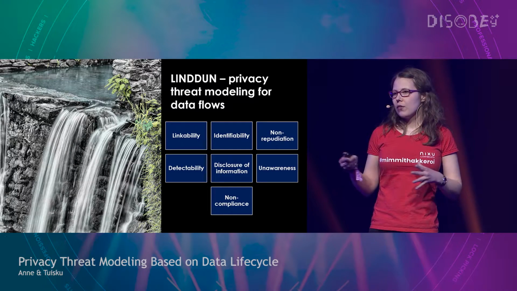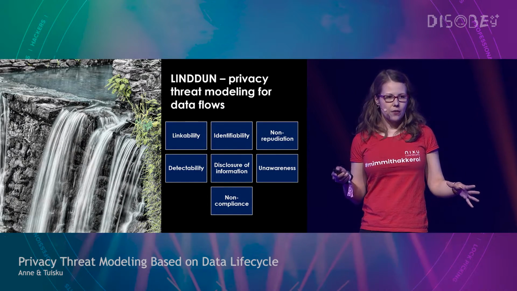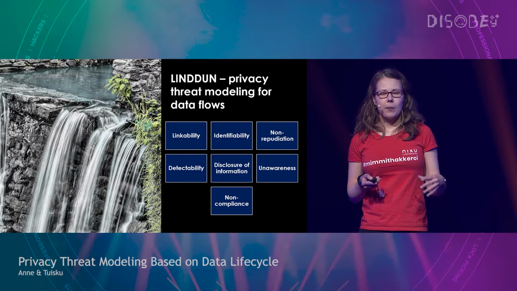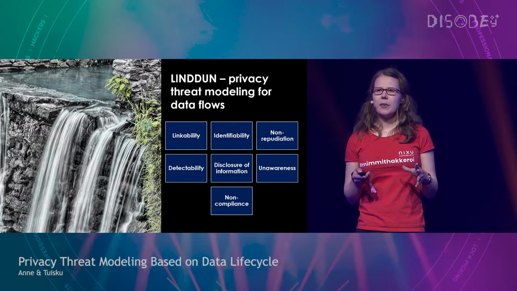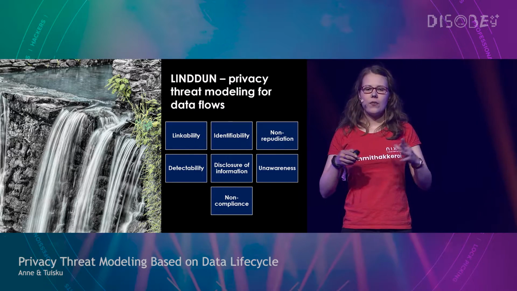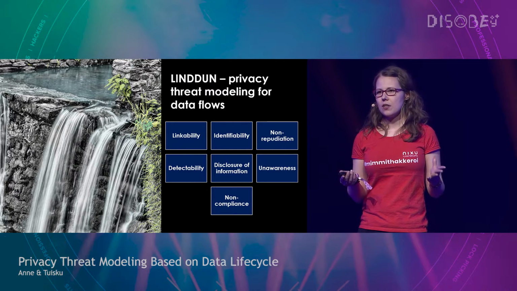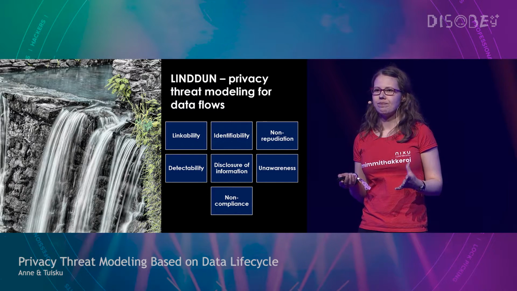Well, it's useful if you're going for total anonymity, minimization of everything. But the problem is that it doesn't really give the idea of the data lifecycle. It just gives you a snapshot of the system at one point in time.